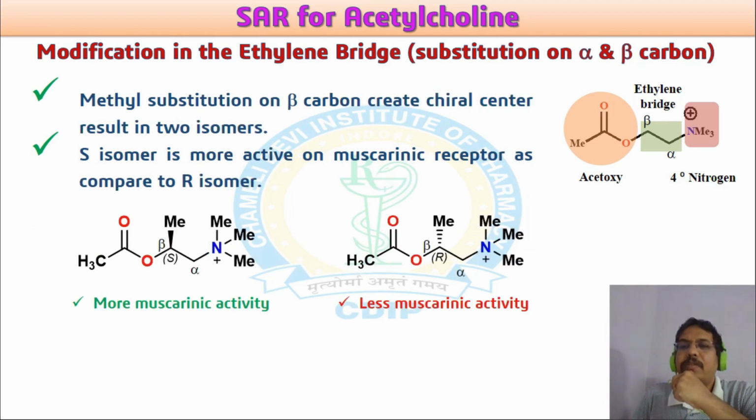So if we look at the beta stereocenter, in that condition generally the S enantiomer is more active over the R enantiomer. But if you go for alpha modifications, generally there is not much difference in these two enantiomeric forms. They are neck and neck in activity.